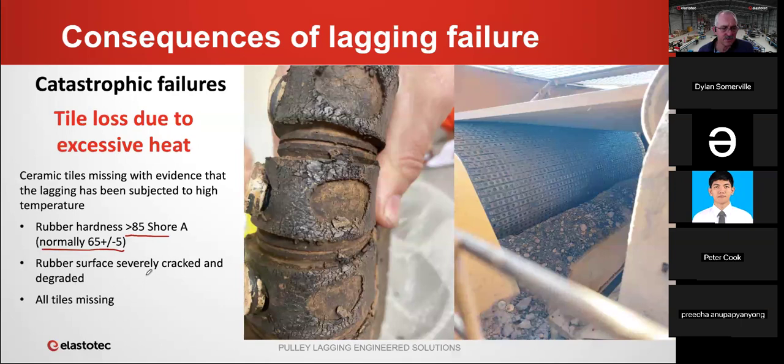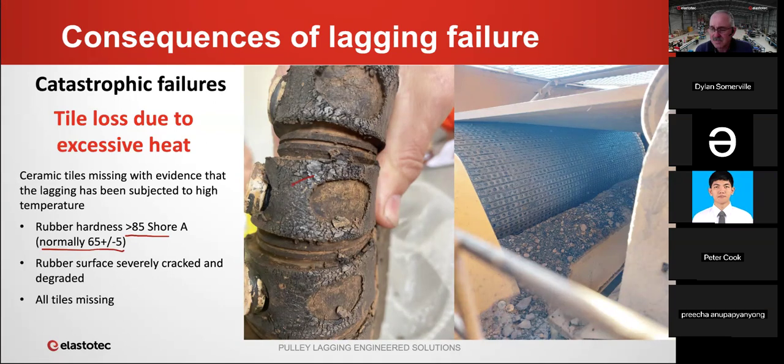Also, the surface of the rubber is severely cracked and crazed. You can see here the cracking, and also the surface looks sort of glazed. And then basically all the tiles are missing.